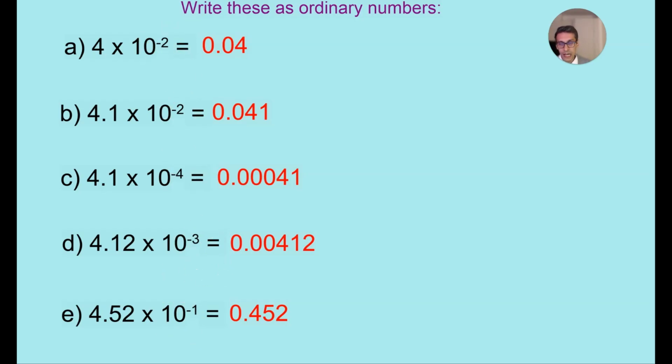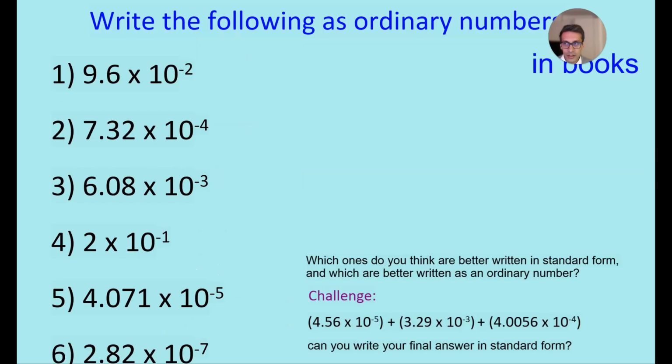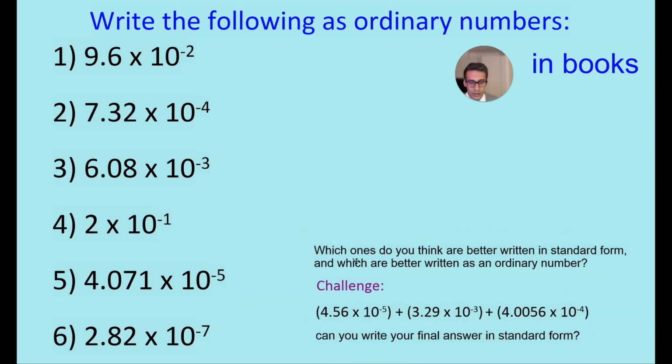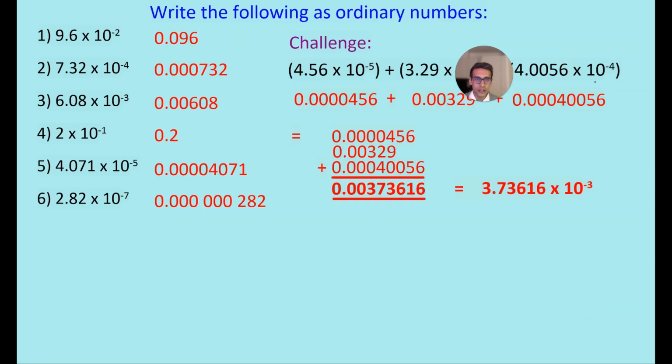So just make sure you're really careful. And here is a practice exercise for you to try. So you're going to write all of these as ordinary numbers, and then we're going to show you the answers in 3, 2, 1. Here are the answers.